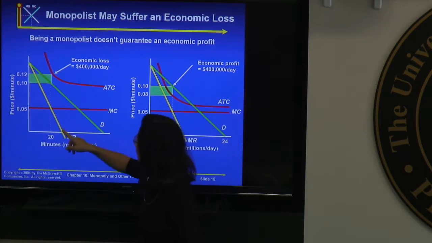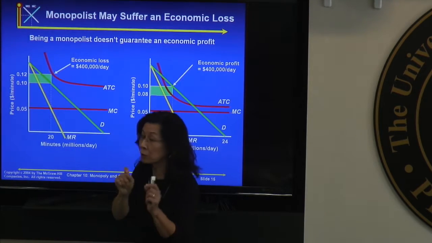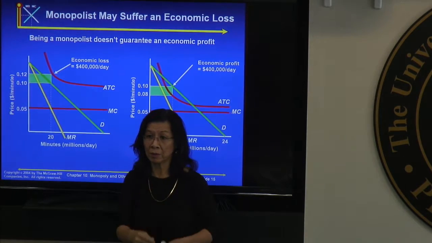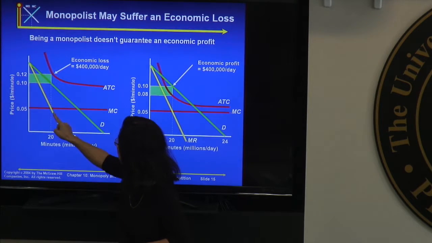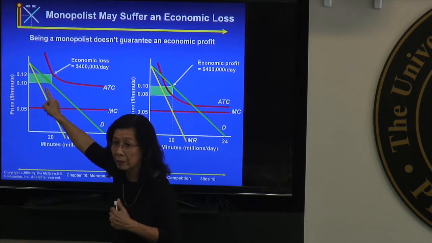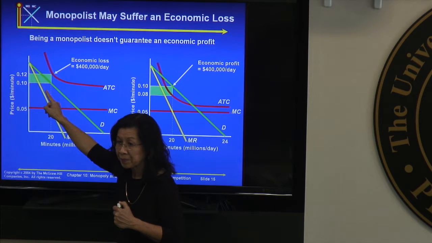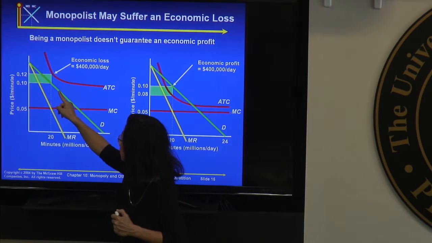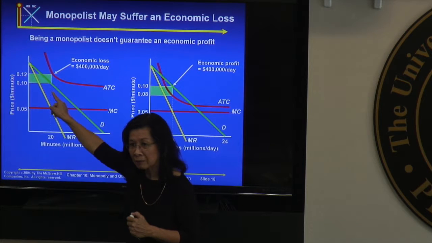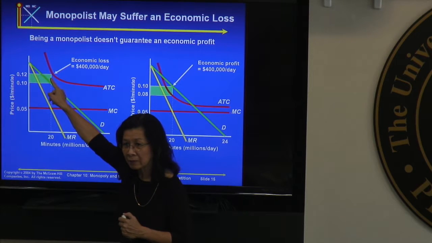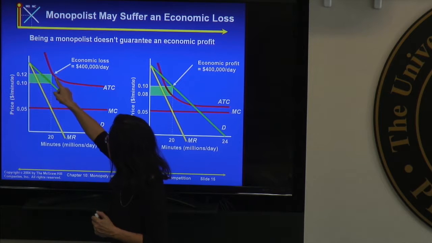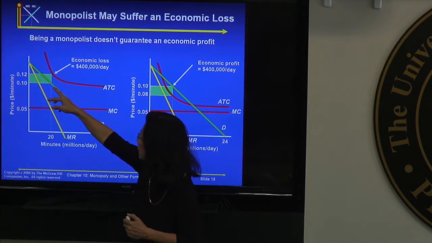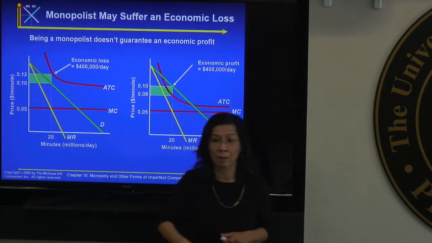So we decide the first criterion, go back to your notes from the other day. Step one is MR cuts MC. You go up all the way and touch that price line. You have reached your grandmother's house, but go on further to Food Lion, get some groceries. Go on further up, your ATC is higher. Because ATC is higher than your price line, you are making a loss.